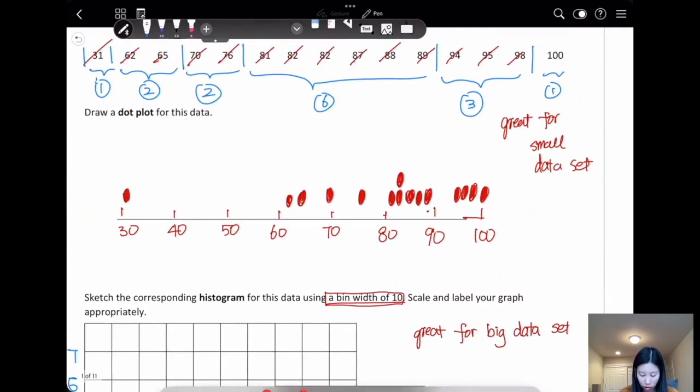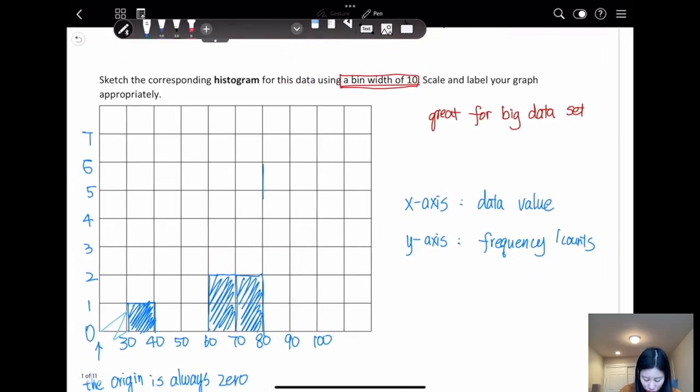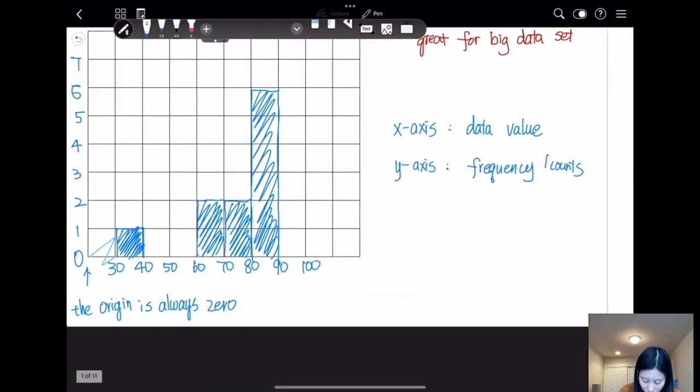And 80s, we have 6 data points. The frequency is 6. The 90s, we have 3, and then 1 from 100. Okay, so with 1, 2, 2, 6, 3, and 1.